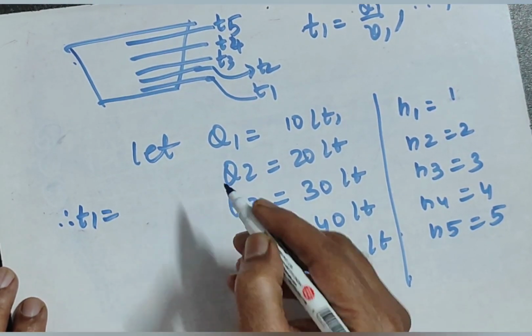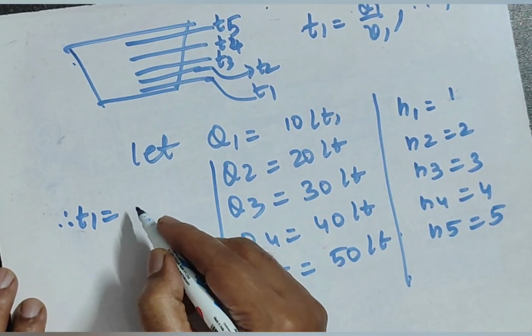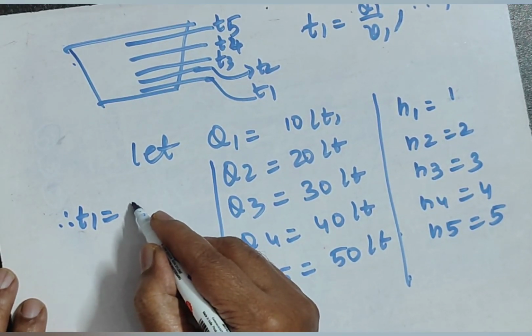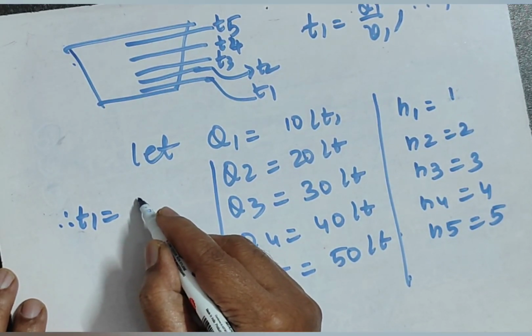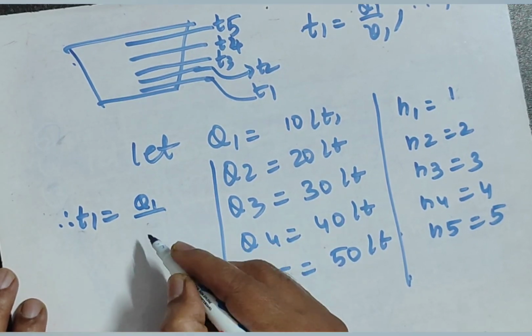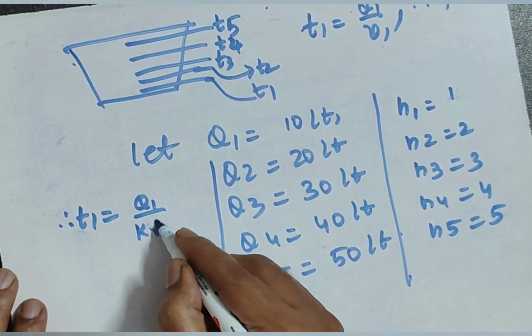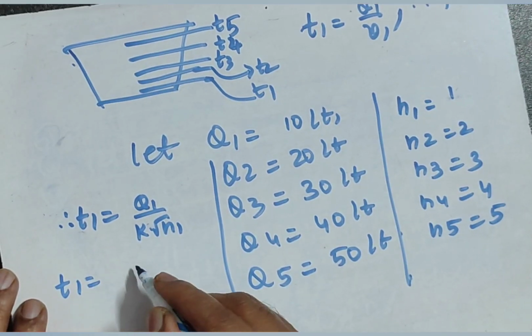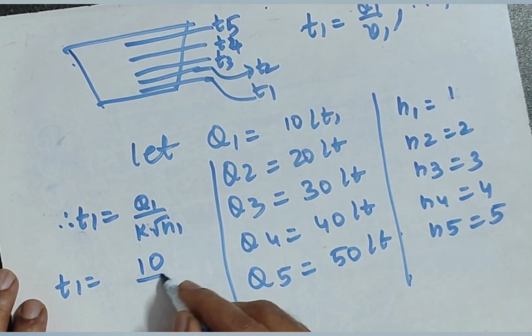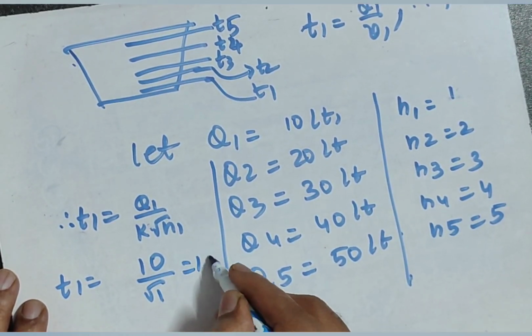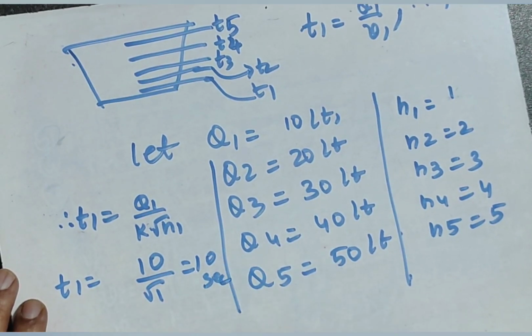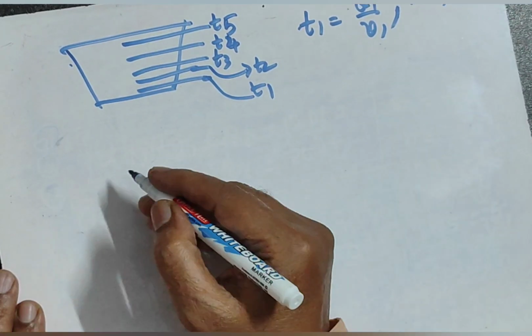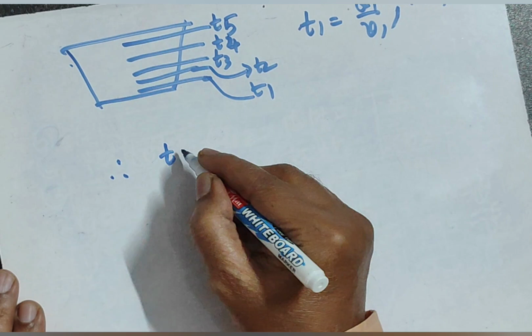Now we know the method of calculating velocities or, inversely, the time. T equals Q1 divided by K root H. I am not taking K because it is constant; we will finally take off that K itself, constant for both the tanks. 10 by root 1, 10 seconds.